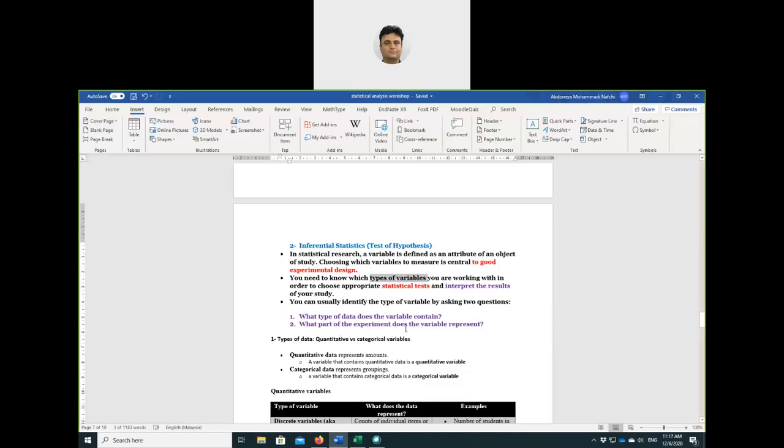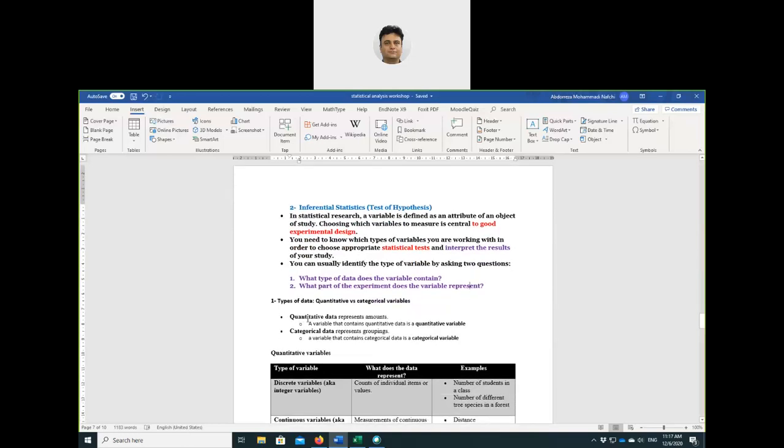This shows what part of the experiment, dependent or independent variable. And the other question: what type of data does the variable contain? By these two questions, you can find the type of your variable.